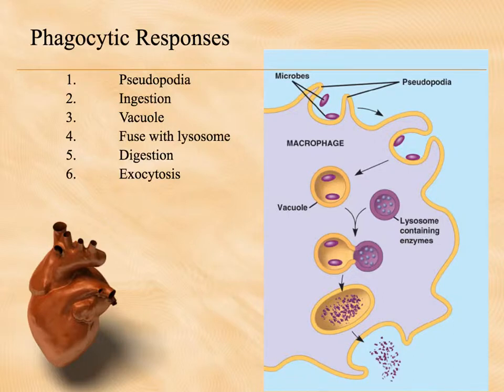Here we have the phagocytic response, which basically just means that this phagocyte or large eating white blood cell is digesting something. So the pseudopodia are found here and here, actually here and here as well, and so they're wrapping around these bacteria, and then it pulls it in and it ingests it in this vacuole, basically a little bubble of cell membrane that was brought in, and it fuses with this lysosome, which is a little packet that contains digestive enzymes, digests the bacteria.